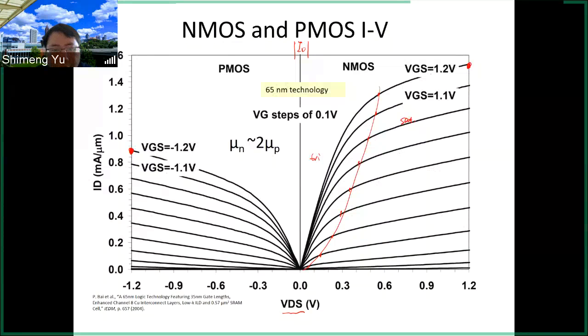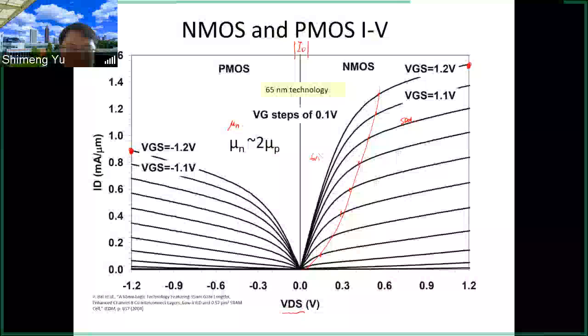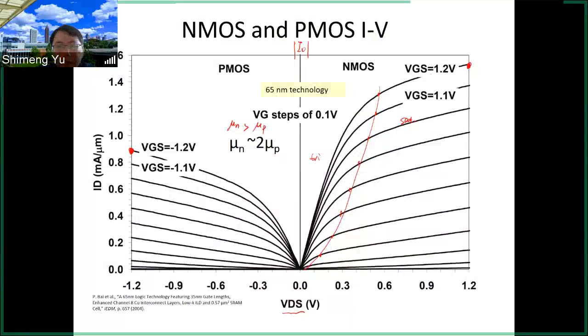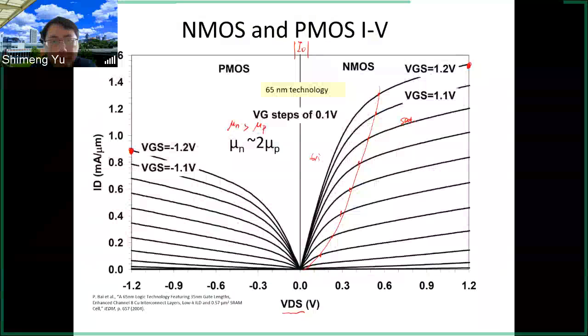But you see that the current of the PMOS here is lower than the current of the NMOS, even though the voltage absolute values are the same. The reason is that the PMOS mobility is lower than the NMOS. So mu n is larger than mu p. This is generally true in today's digital circuit process. So basically, the electrons move faster than the holes in the silicon.